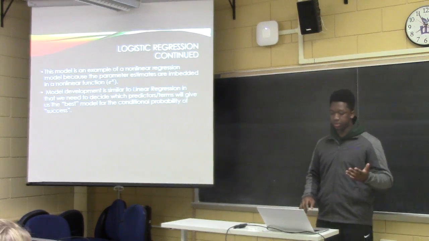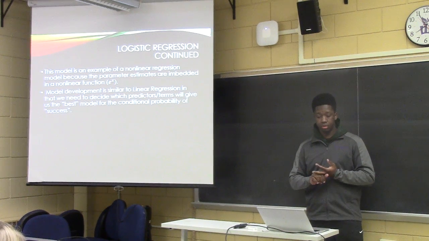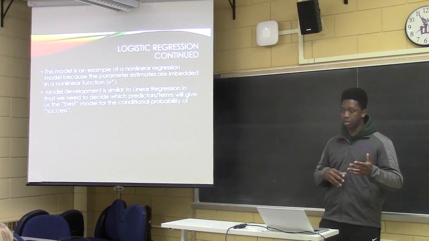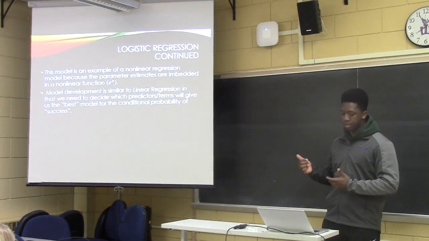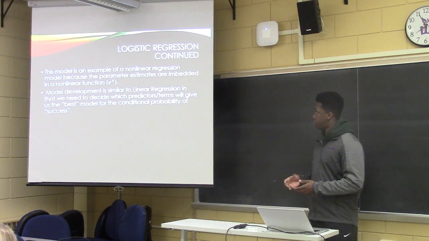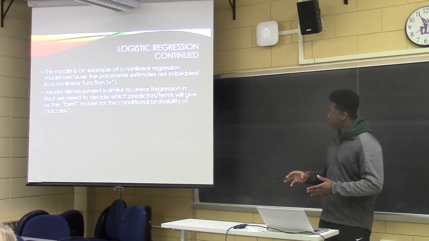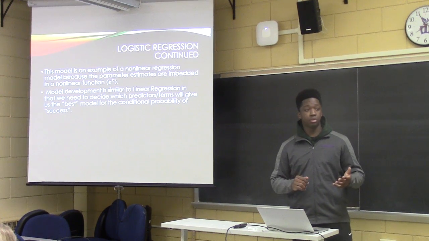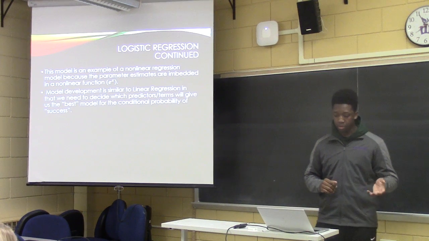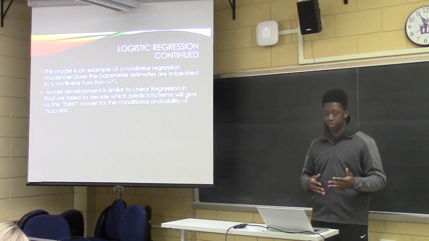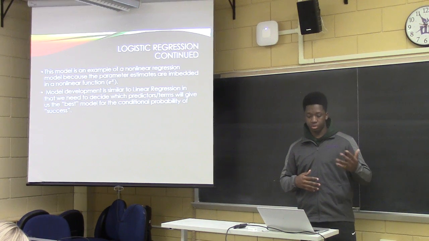The model itself is an example of a nonlinear regression, where the parameters are in the exponential function. I did not put a picture of it up here because it's a super long, in-depth model that I'm not exactly sure how to explain. It's very similar to simple and multiple linear regression, in that you have to pick your predictors and the terms that will explain your success conditions.